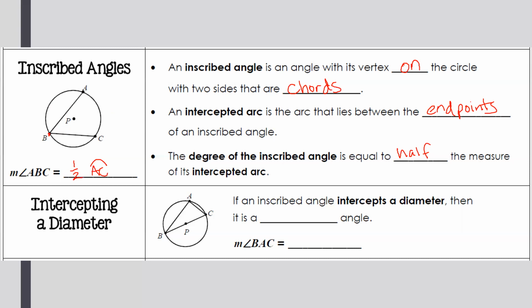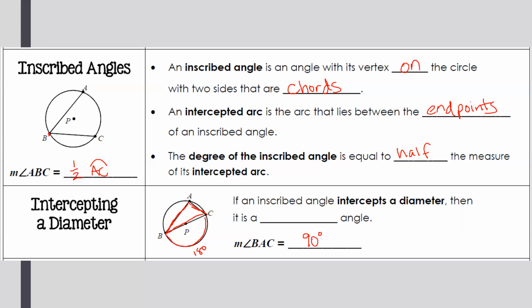Which brings us to intercepting a diameter. So remember, a diameter cuts a circle in half. So the measure of this arc is half of the measure of a circle, 180. Okay. So if this arc is 180 degrees, then the inscribed angle that intercepts it is going to be half of 180, or 90.